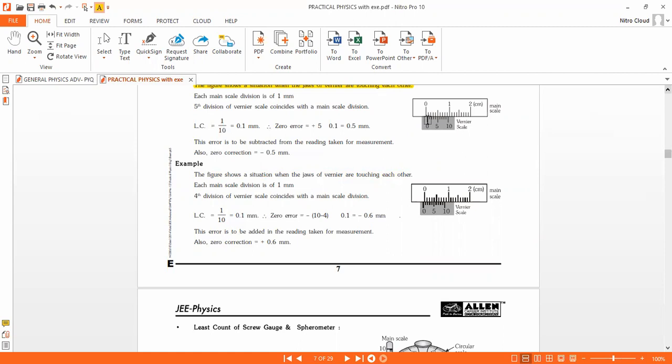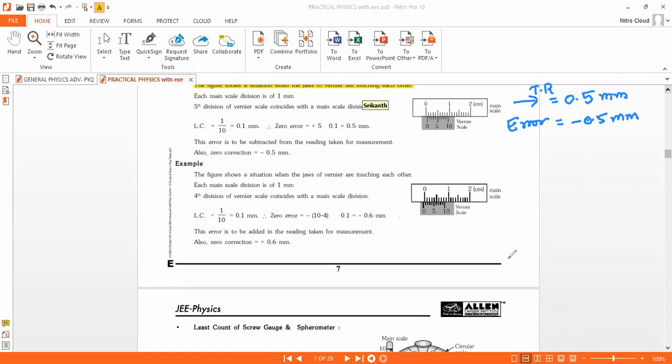Because see, the total reading here I got as 0.5 mm. So in order to make it 0, the error must be minus 0.5. Can I say? Whenever I add these two, the total reading and the error, the total reading will be 0 now.